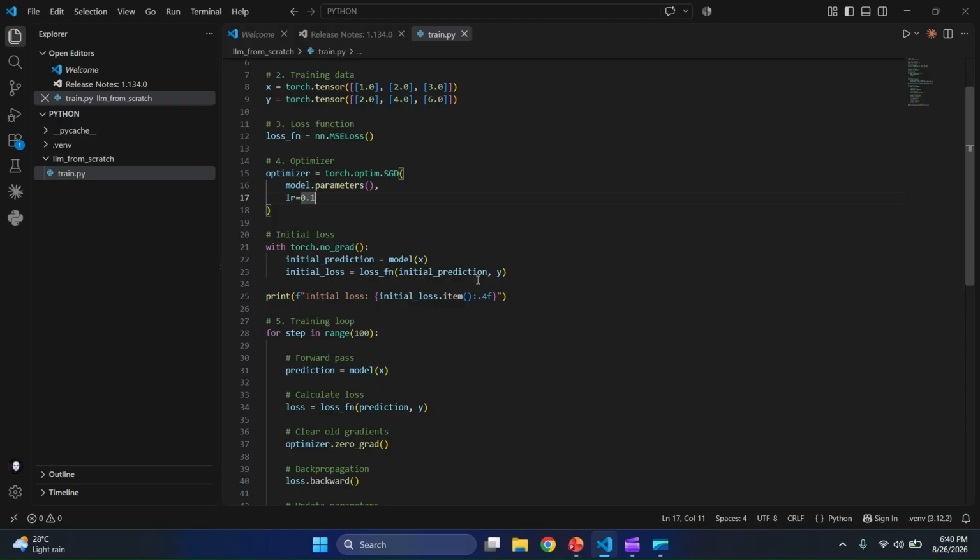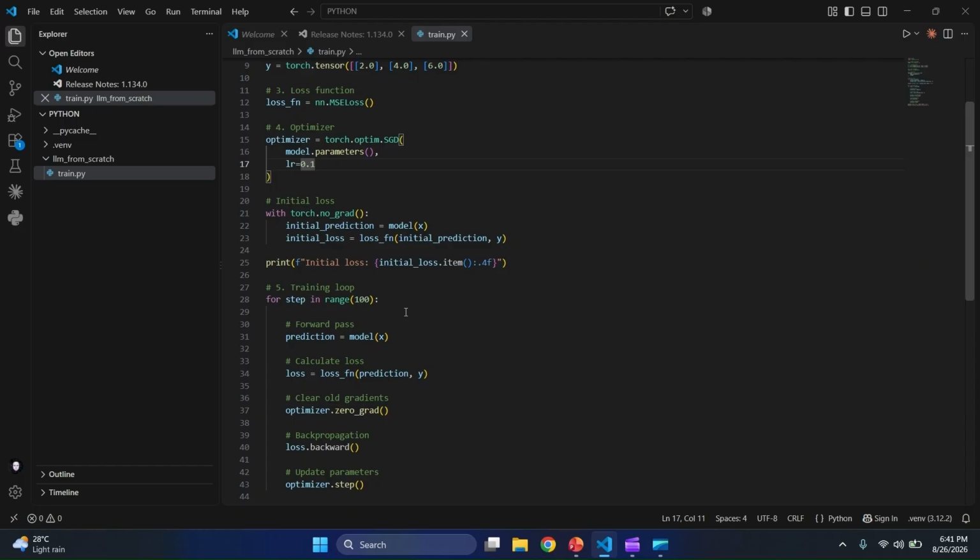Okay, so now we can start actually training. We get to the actual training loop. The range is 100, which means I'm going to repeat the process 100 times, and step is basically the current iteration number.